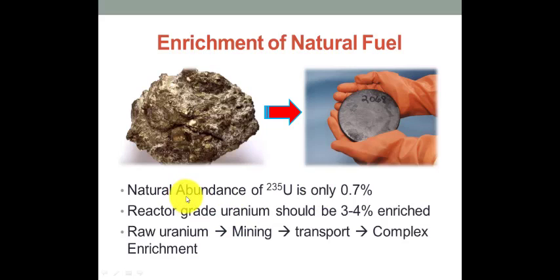As we know, the natural abundance of uranium-235 is only 0.7%. First, the raw uranium will be mined and then transported to a facility where a complex process is required for the enrichment of the raw uranium to enriched uranium. Usually reactor grade uranium should be enriched up to 3 to 4%.